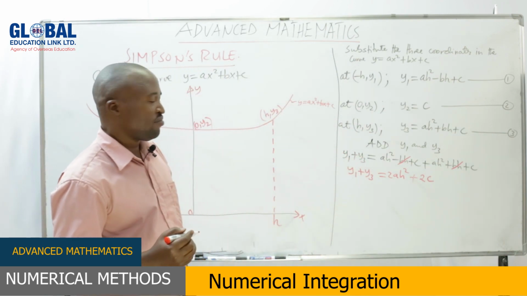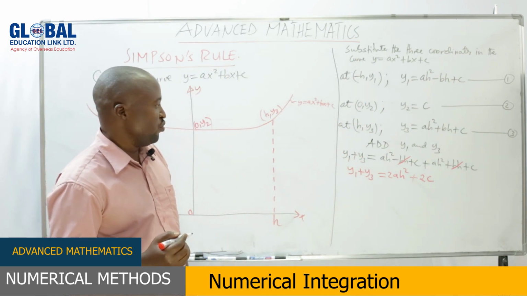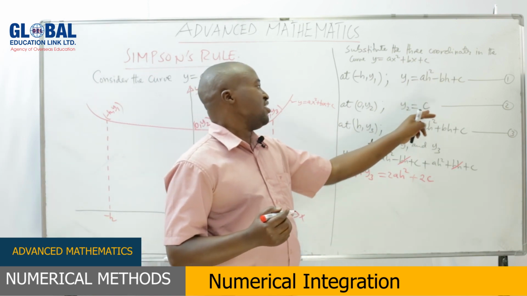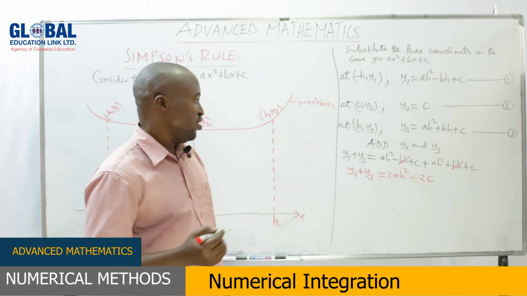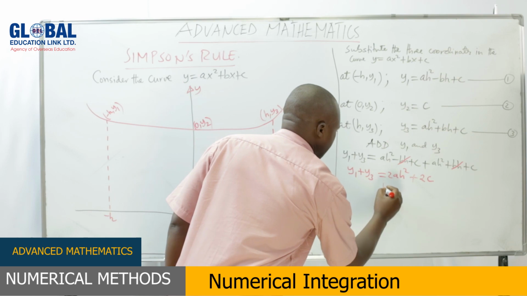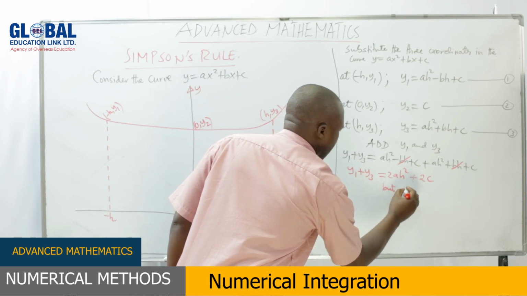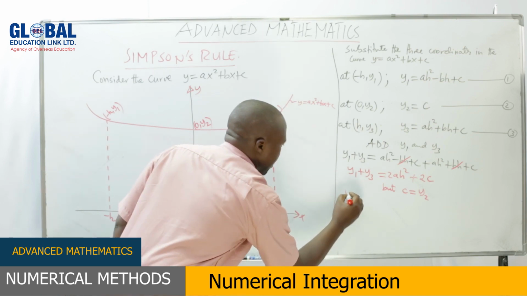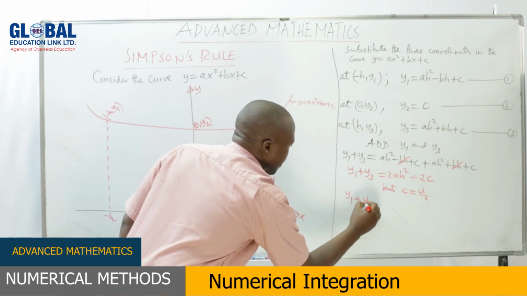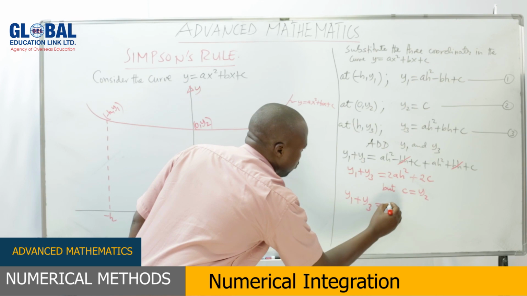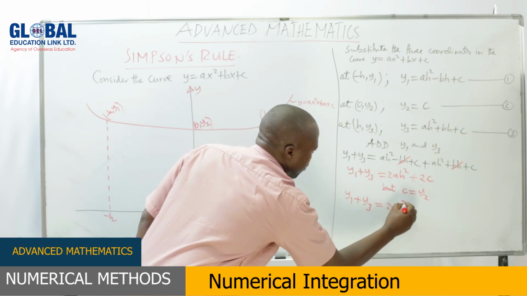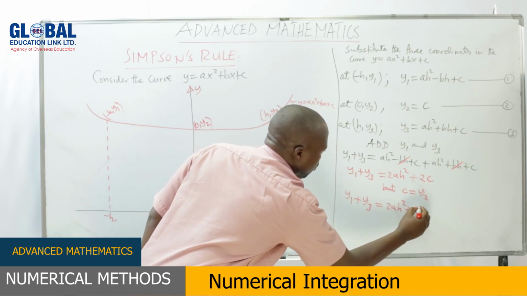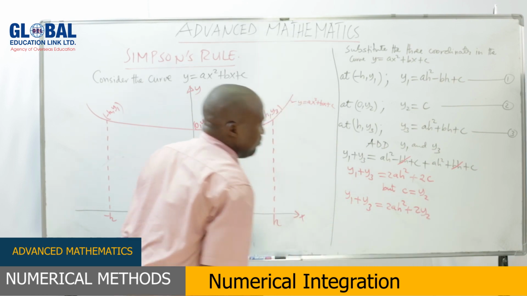But remember, in equation 2, c is equal to y2. So here we say, but c is equal to y2. So here we have y1 plus y3 is equal to 2ah squared plus 2y2.